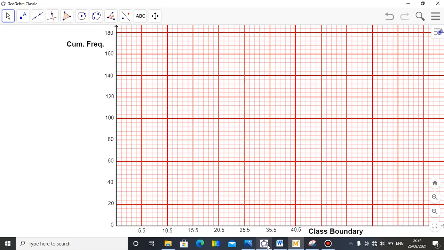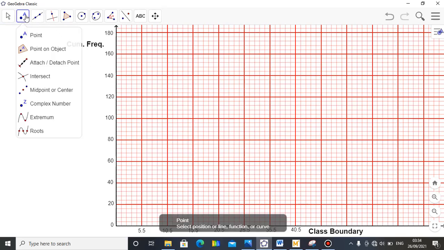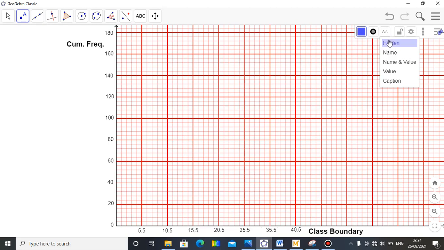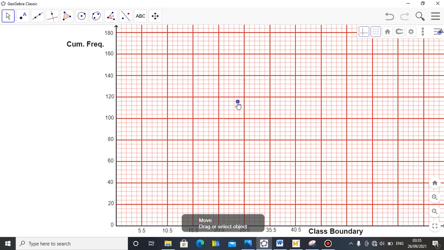Alright, this is the first point. We said 9. If this is 20, the middle, this is 10, should be somewhere here. So 9 should be around this place.